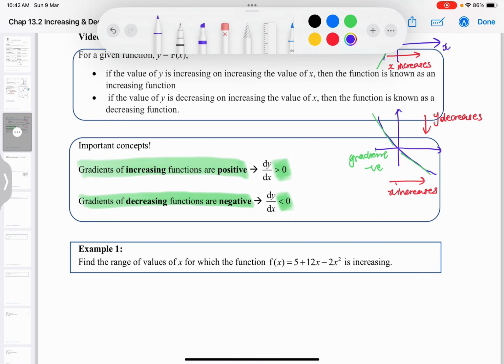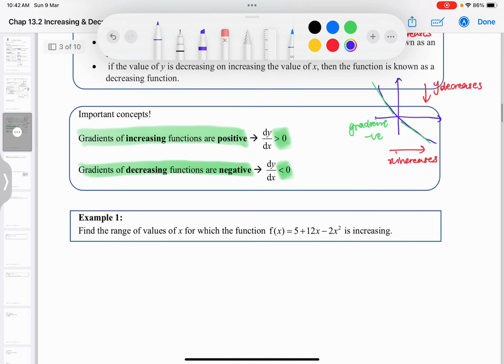Example 1: find the range of values of x for which the function f(x) = 5 + 12x - 2x² is increasing. They are asking you to find the range of values of x. That means your answer will be in an inequality. And the function is increasing. This means that the dy/dx is actually greater than 0.